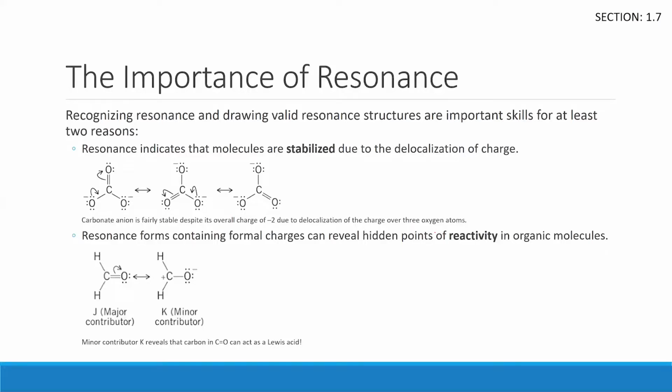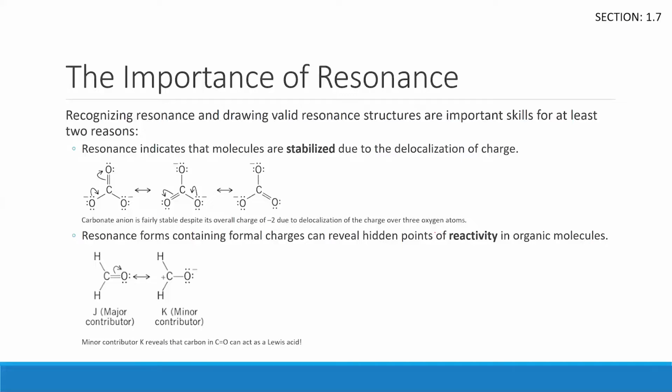So for example, carbonate anion is actually fairly stable despite having an overall charge of -2, and it's stable because of delocalization. So knowing that resonance is able to occur in a molecule will give you a hint about its reactivity and how stable it is. It'll also help you understand hidden points of reactivity on a molecule.